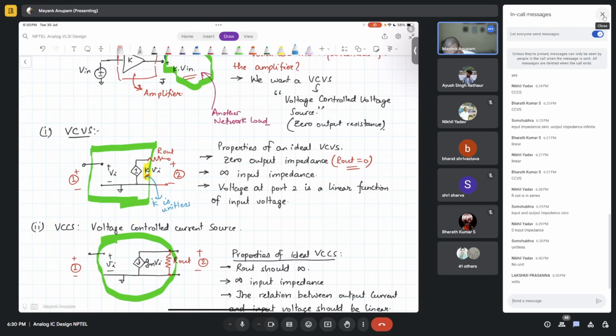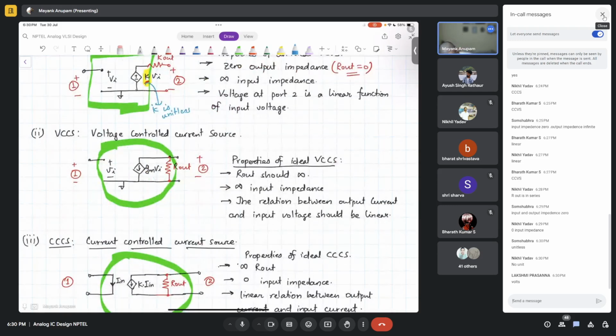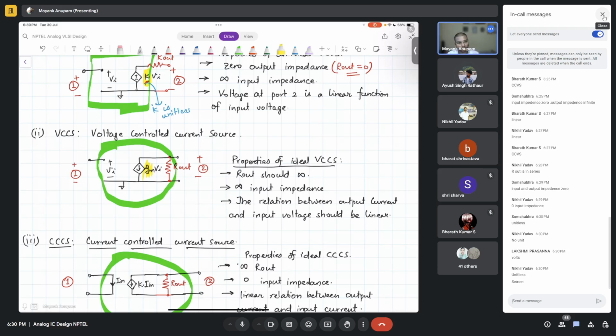What about GM? What are the units of GM? You can unmute yourself and say. Yes, so GM has units of Siemens, right?